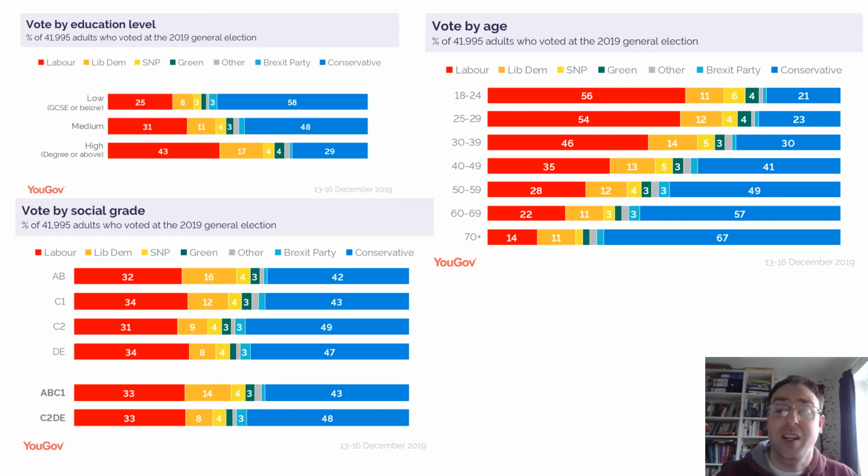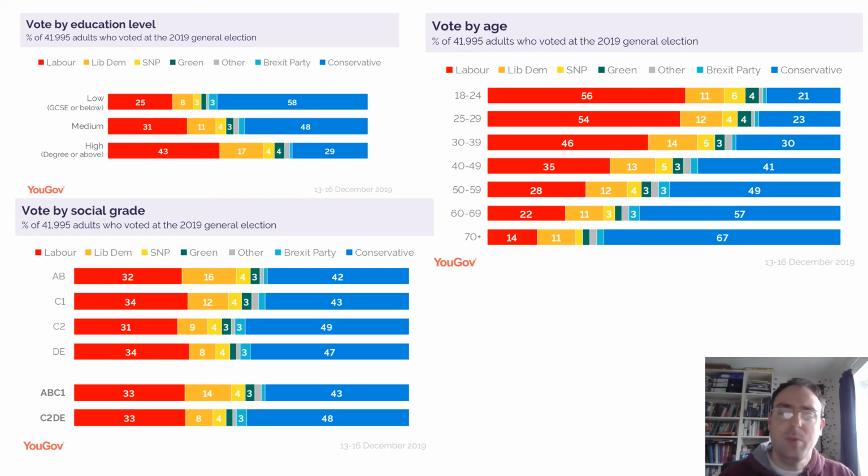We talked earlier about class de-alignment, and you can see from the graph on the bottom left that this really does seem to be the case, because the Conservative lead over the Labour Party is almost uniform going through.